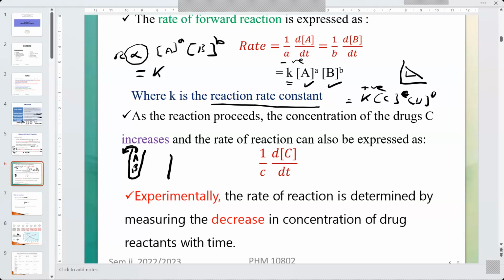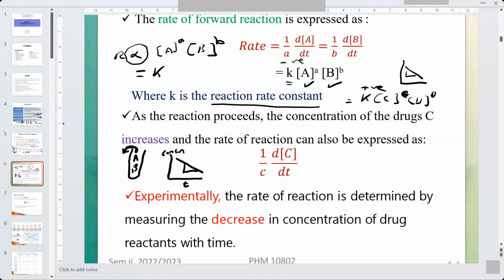And then we determine the concentration at different time intervals. Then we plot concentration versus time, and we draw the curve. The reaction rate constant is the slope, and based on the shape of the curve, as we will explain later on, we can identify the order of the reaction: zero, first, second, or third order.